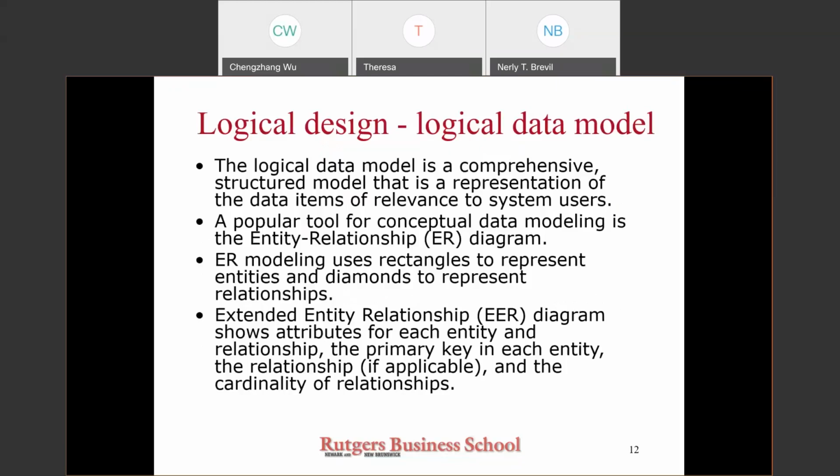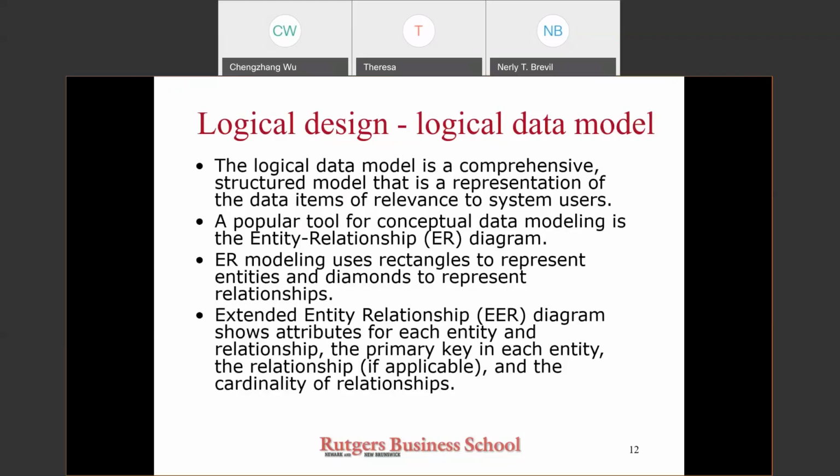The first step in the system design process is logical design, which consists of logical data modeling and logical process modeling. Logical data modeling is a comprehensive structured model that is a representation of data items of relevance to system users.